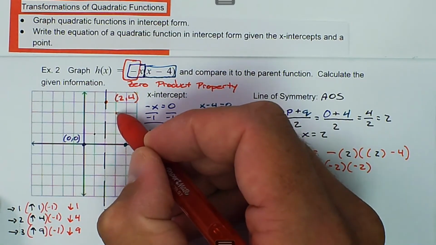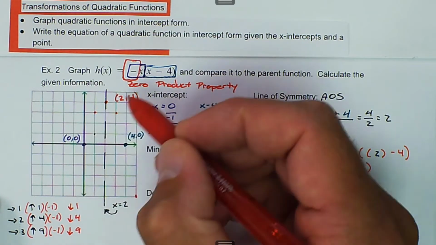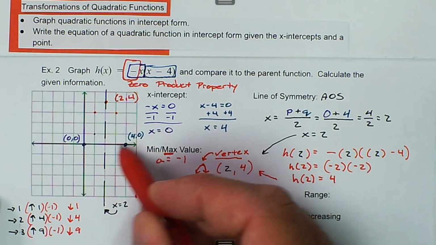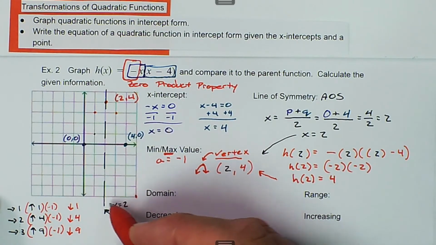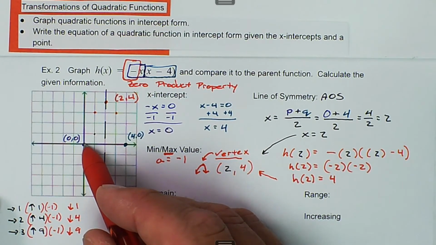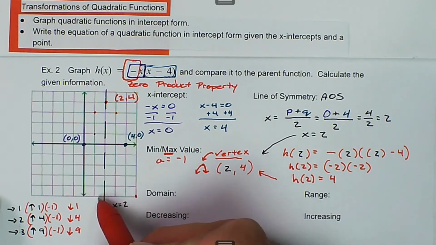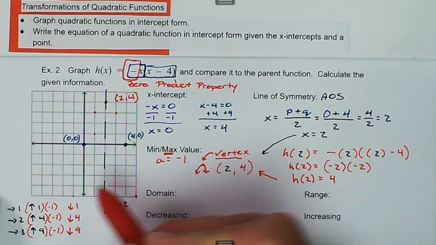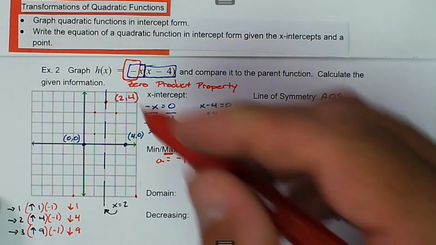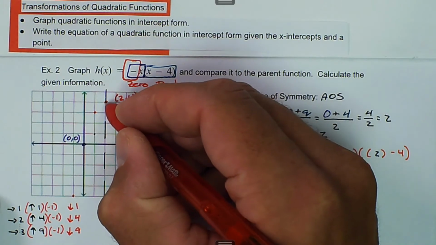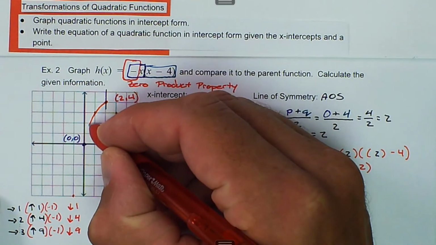So over 1, over 1. Over 2, back 2. That's our other x-intercept. Over 3, over 3. And now we have a pretty good amount of points in order to sketch our parabola.